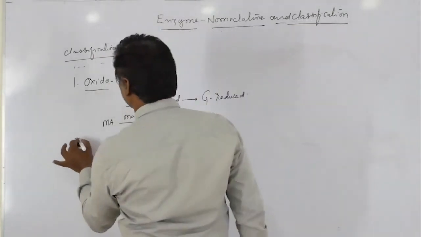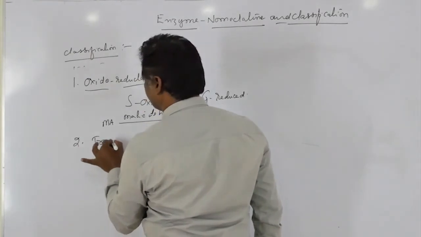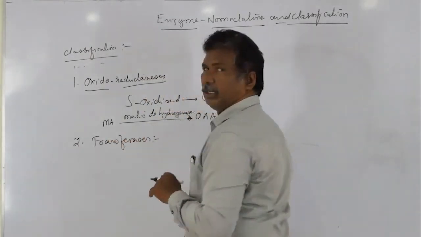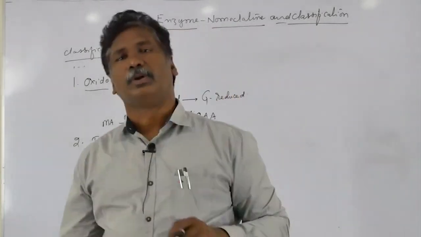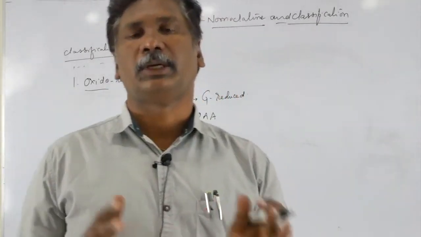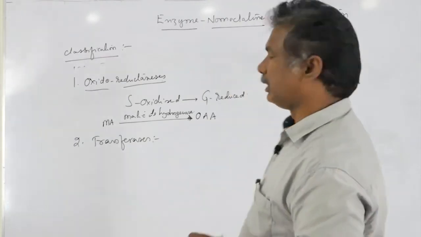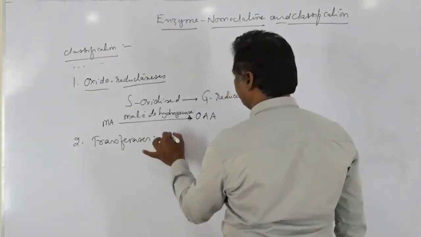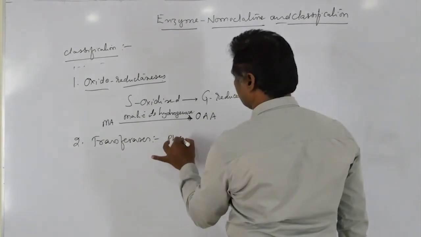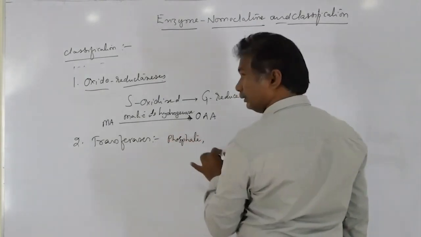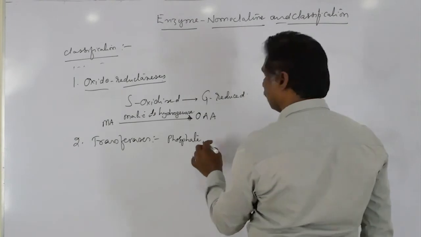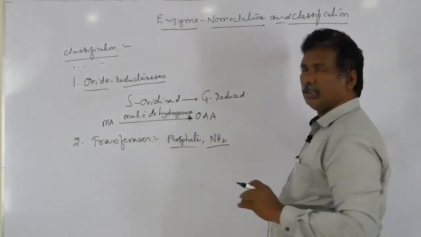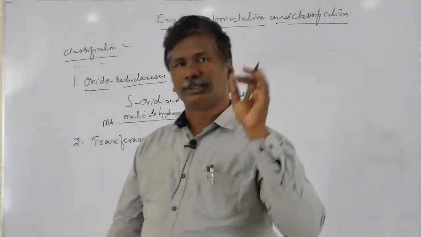Next, the second one, transferases, which should be there in the name. These transfer groups from one substrate to another substrate, or maybe an amino group from one substrate to another.